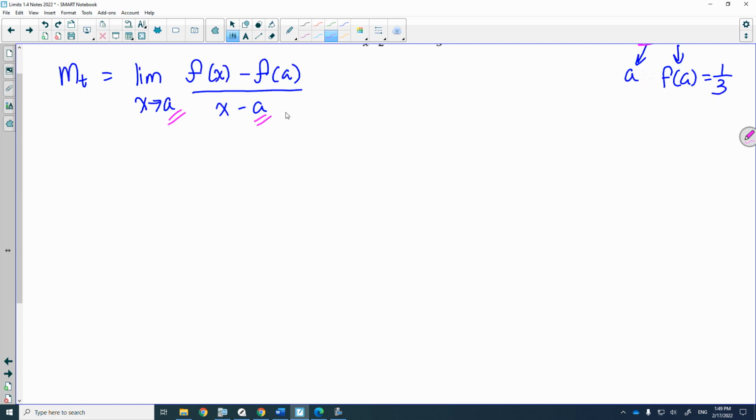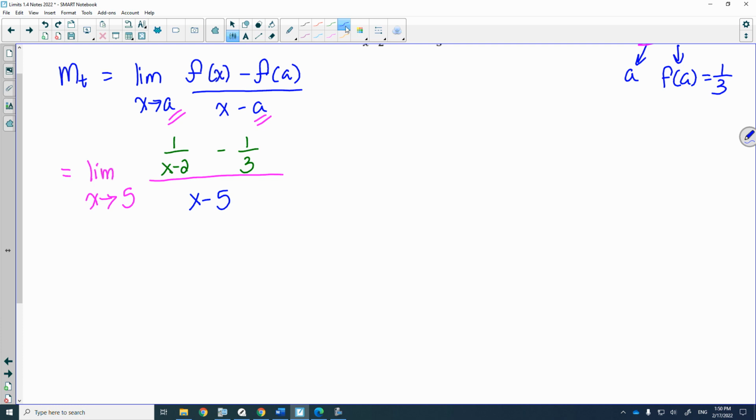So this is equal to the limit as x approaches 5 of f(x), my given function, which was 1 over x minus 2, minus f(a), and f(a) is 1/3, all over x minus a, which would be x minus 5.